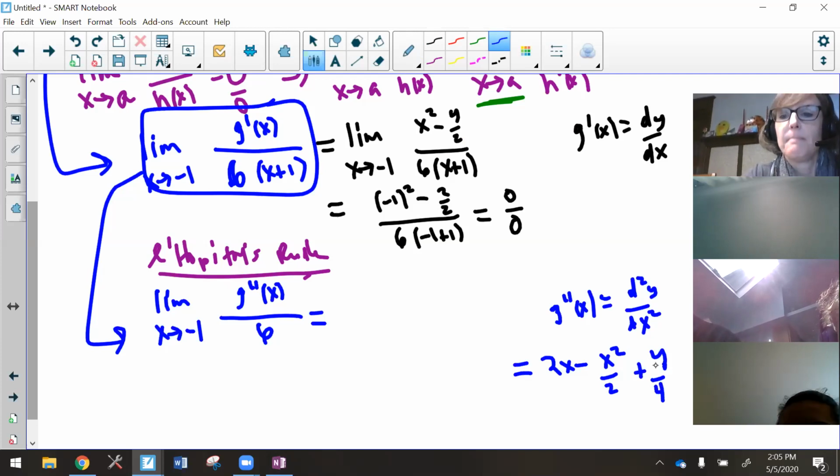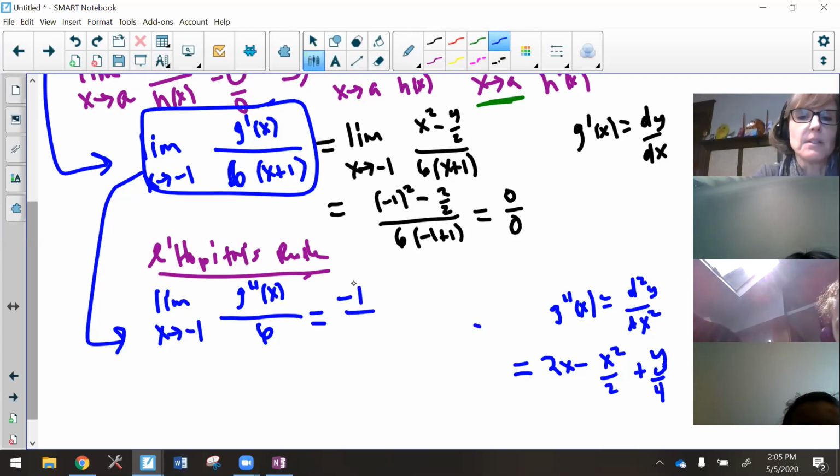And when I substitute in my x equals -1 and my y equals 2, I get -1. I'm sorry, I don't. I get -2. I've still got my 6 in the bottom, and that gives me -1/3.